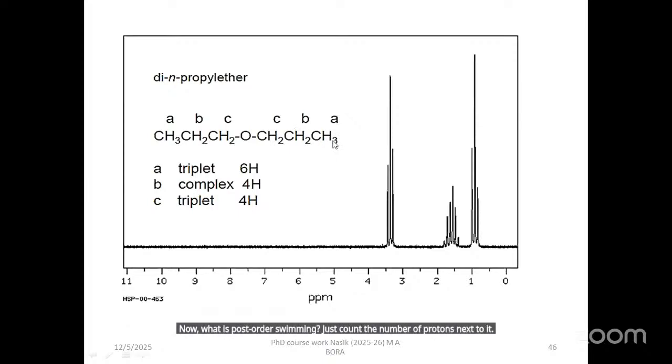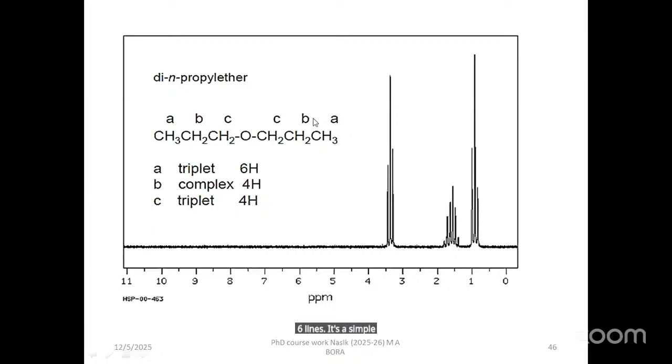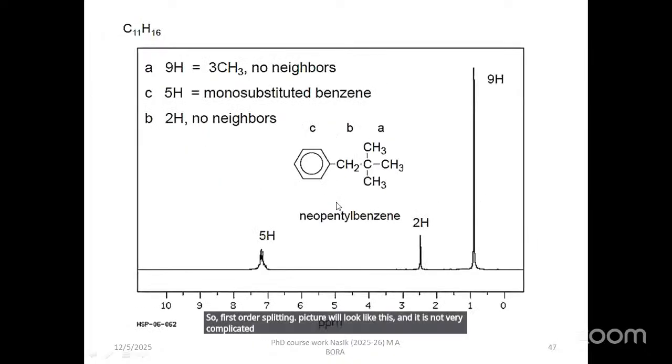So there are 3 plus 2, 5 protons, A3 and C2, 5 plus 1, 6 lines will be observed. So you can see here 1, 2, 3, 4, 5 and 6 lines. It's a simple sextet that will be observed for B type of proton. So the first order splitting spectrum will look like this, and it is not very complicated, very easy to interpret.